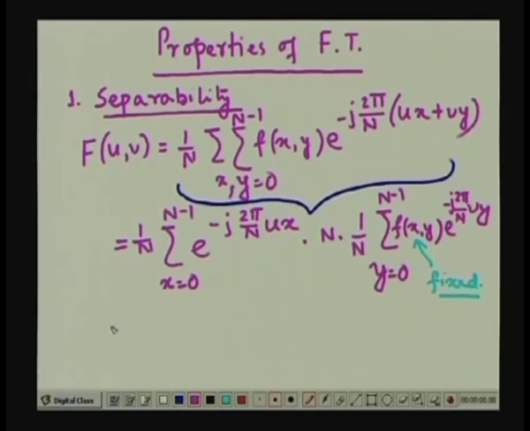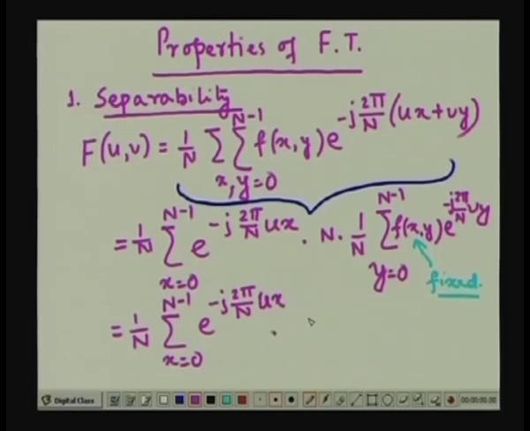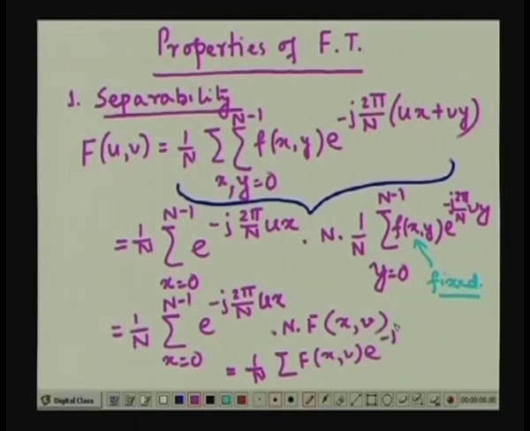After elaboration, the same expression gets converted to 1 upon capital N summation, x equal to 0 to capital N minus 1, e to the power minus j 2 pi by capital N ux, into f(x,v), which I represent as f of x v, with a multiplication term which is capital N. And this is nothing but 1 upon capital N summation f(x,v) e to the power minus j 2 pi by capital N ux.